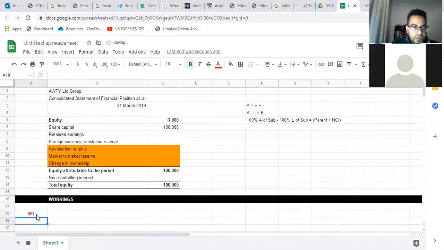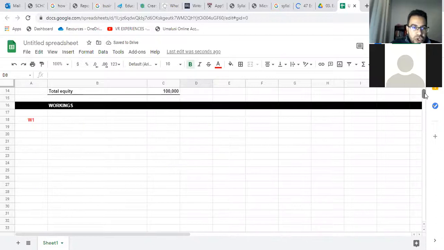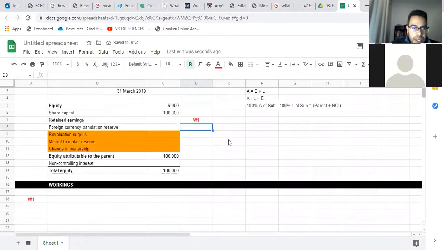I'm going to leave that for working one. This is for the retained earnings, so retained earnings I'm going to have as working one. Then I'm going to have here working two. And then we'll see how we'll deal with that. So we'll just make this working three.